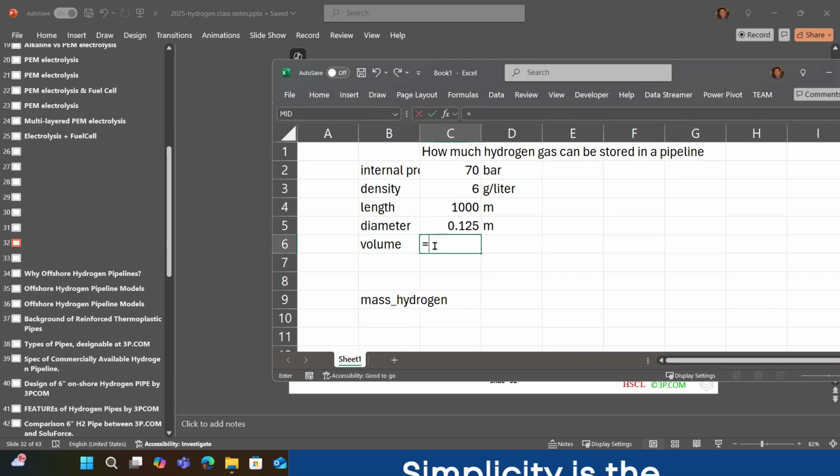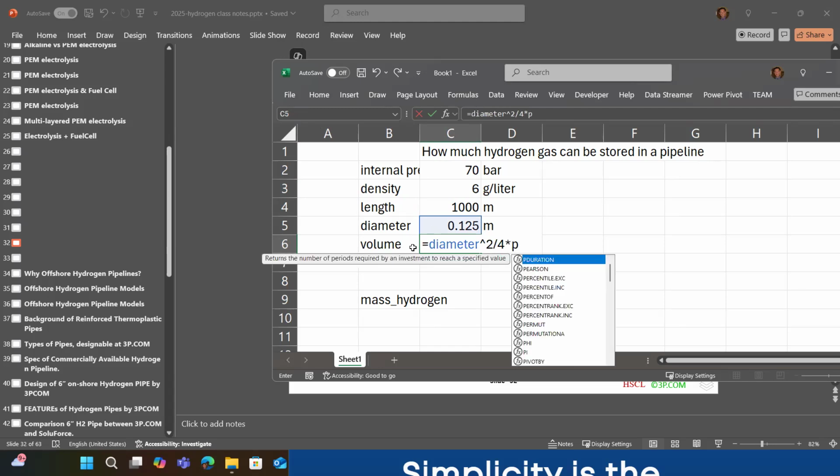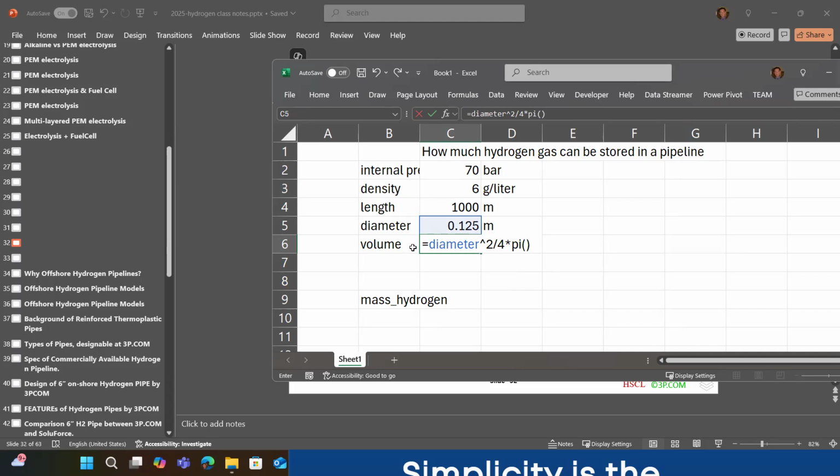Now the volume is simply the diameter square divided by 4, multiply the pi, right, times the length.